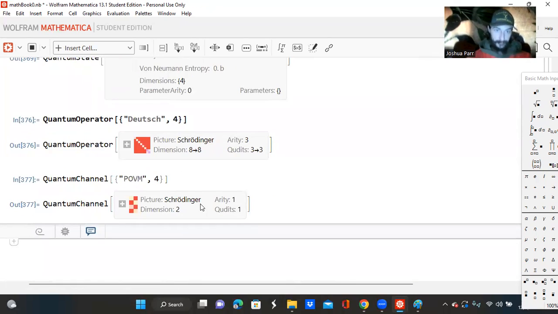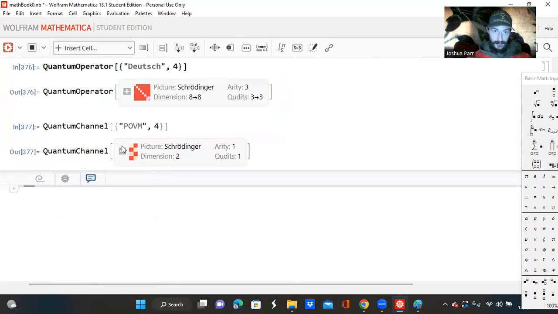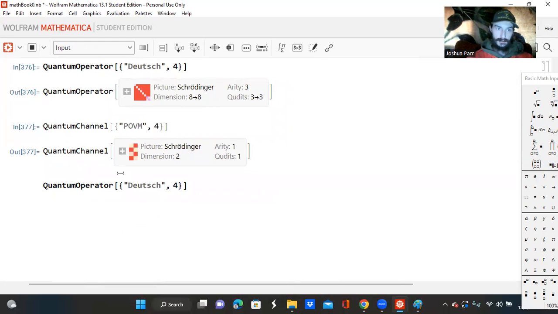There we go. This is a quantum channel. It's rectangular because it's only going to operate on part of this. So let me just show you what. Whoops, whoops. But it doesn't stop. You can do literally everything.